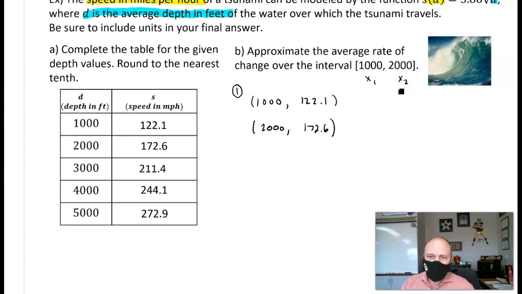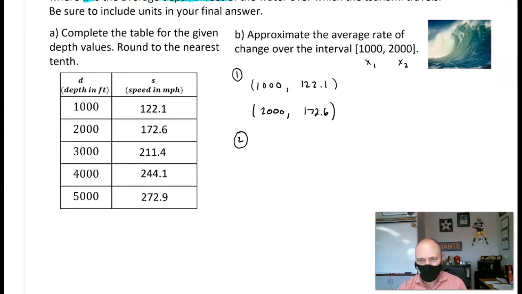So we're going to go ahead to step two. I'm just going to calculate, okay, what is my average rate of change? AROC is equal to, sometimes I mess this up, like where I plug in values, so I always like to write the formula. Y2 minus Y1 over X2 minus X1.